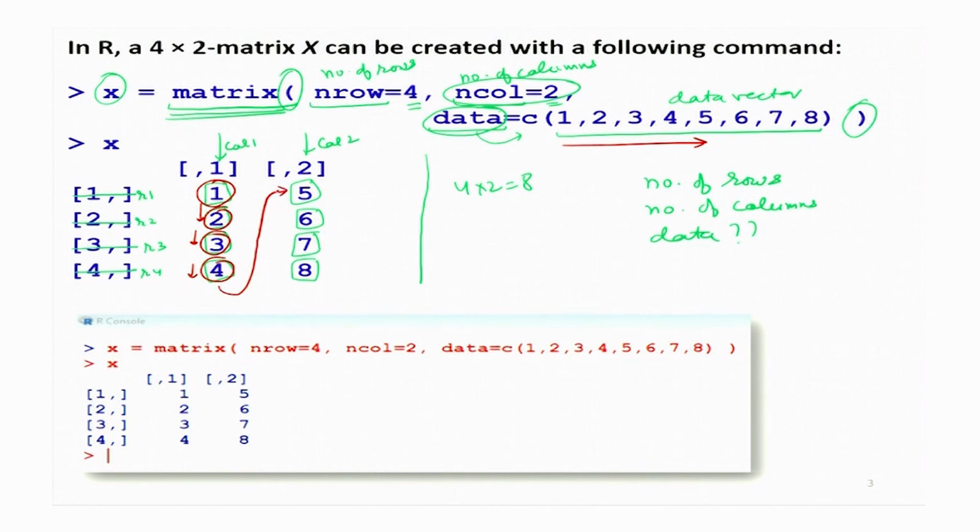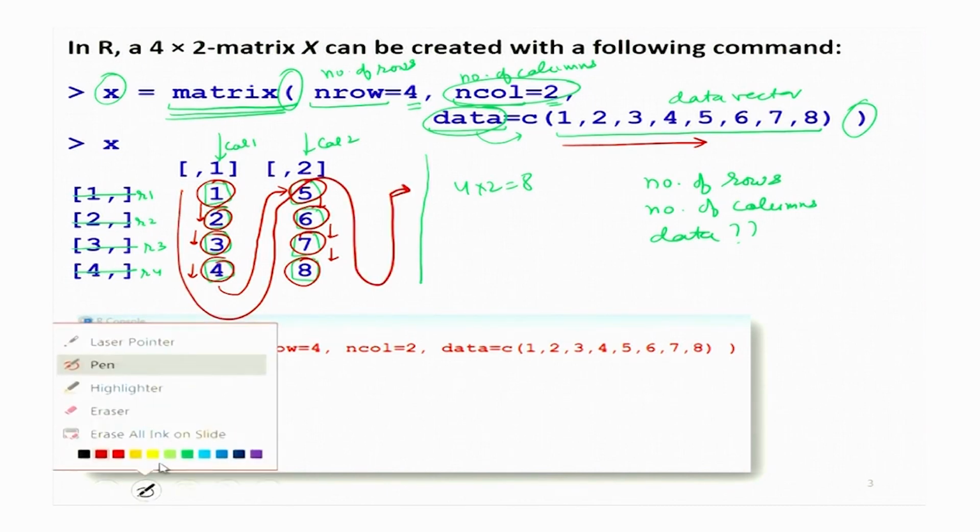So, the first 4 values are inserted in the first column in 4 rows. Now the fifth value is entered, then the sixth, then the seventh, and then the eighth. So, this data is entered like this.